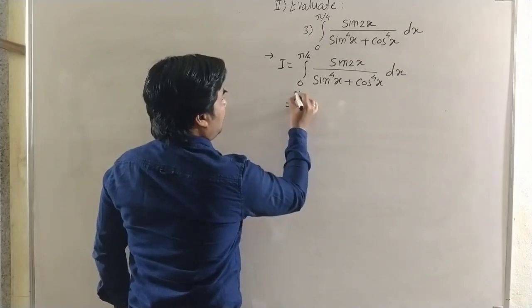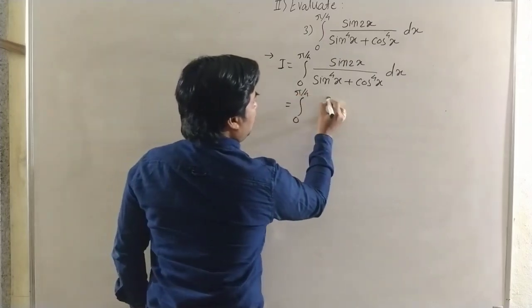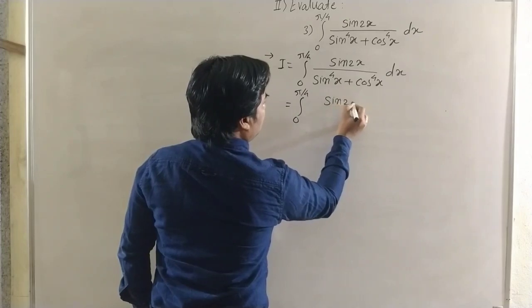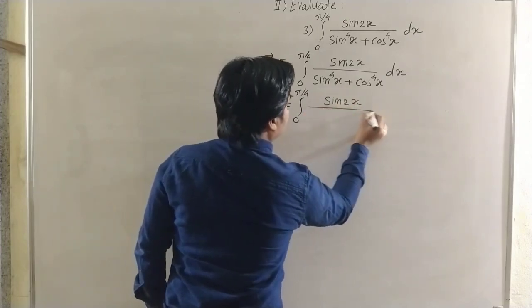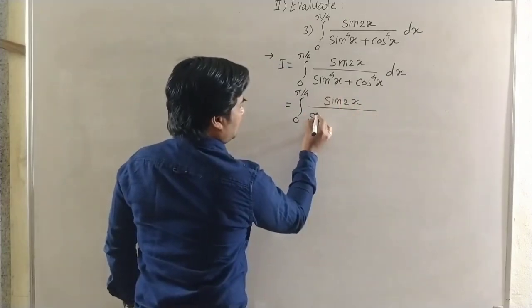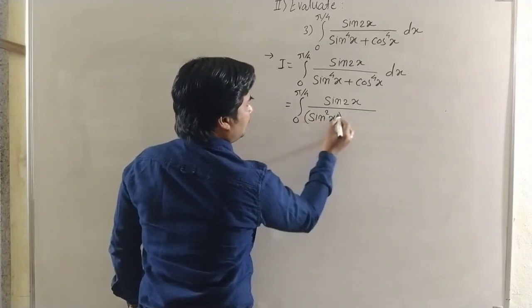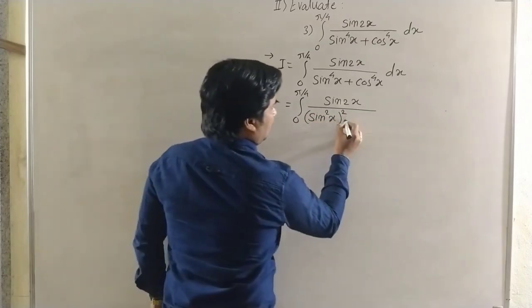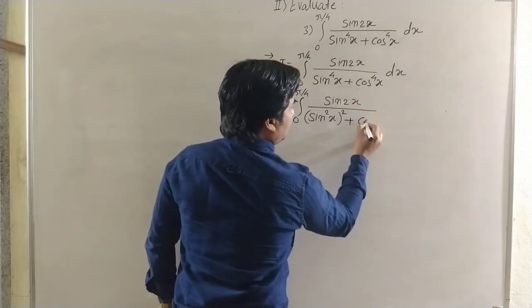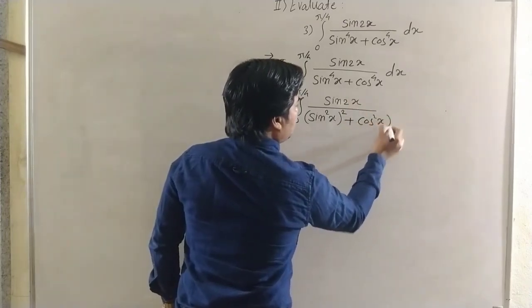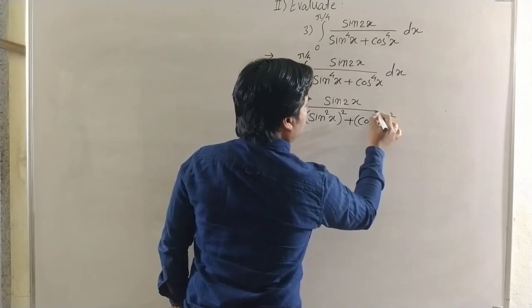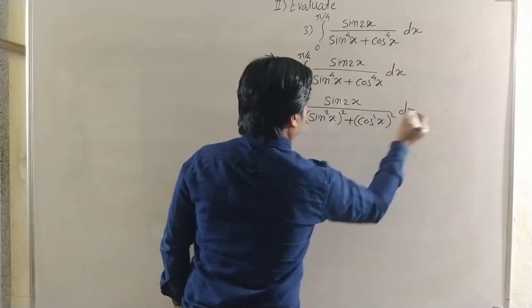Integral 0 to pi by 4 sin 2x upon (sin square x) whole square plus (cos square x) whole square dx.